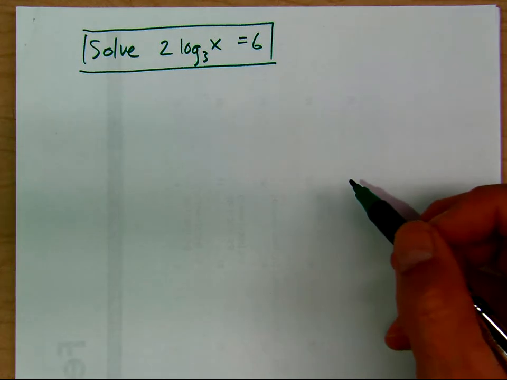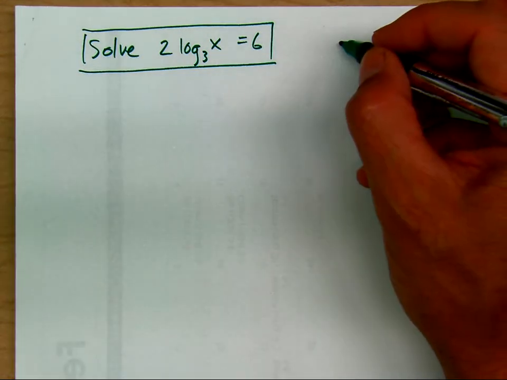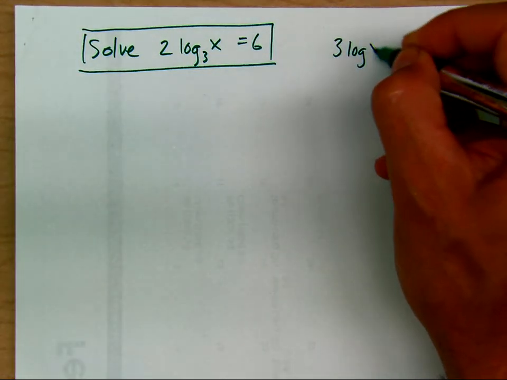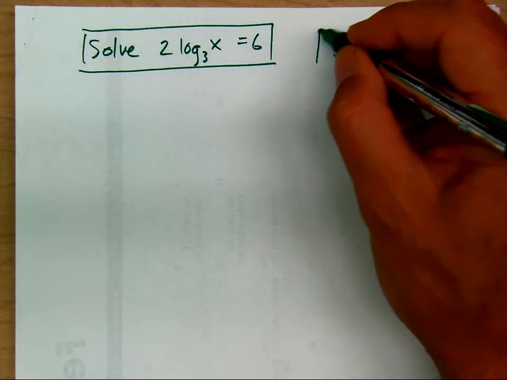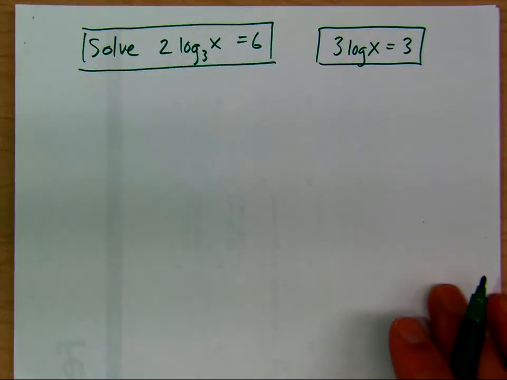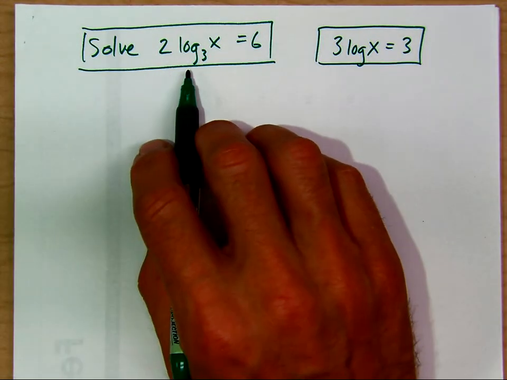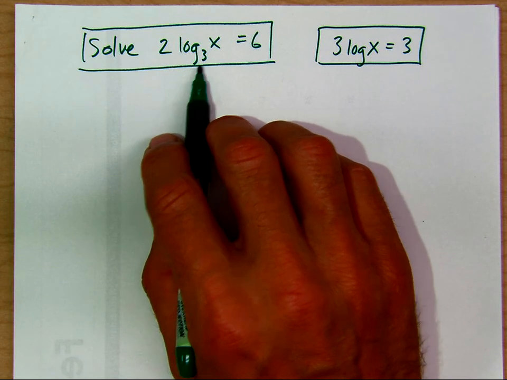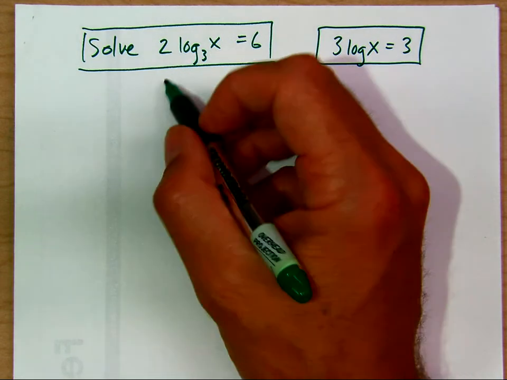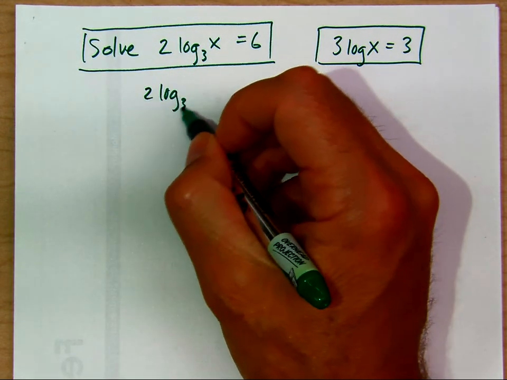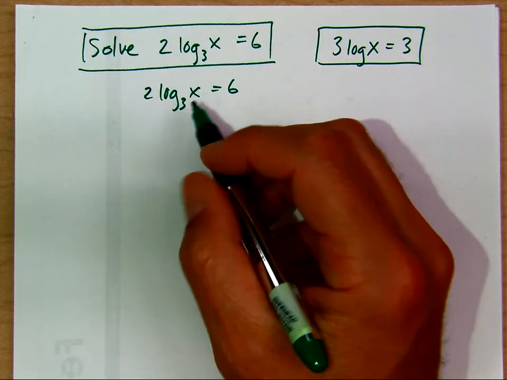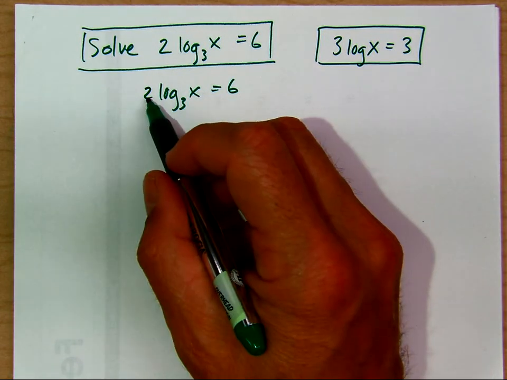Okay, solving log equations. So to solve a log equation, we have to exponentiate. We want to isolate x. So here we need to cancel the 2 and cancel the log base 3.